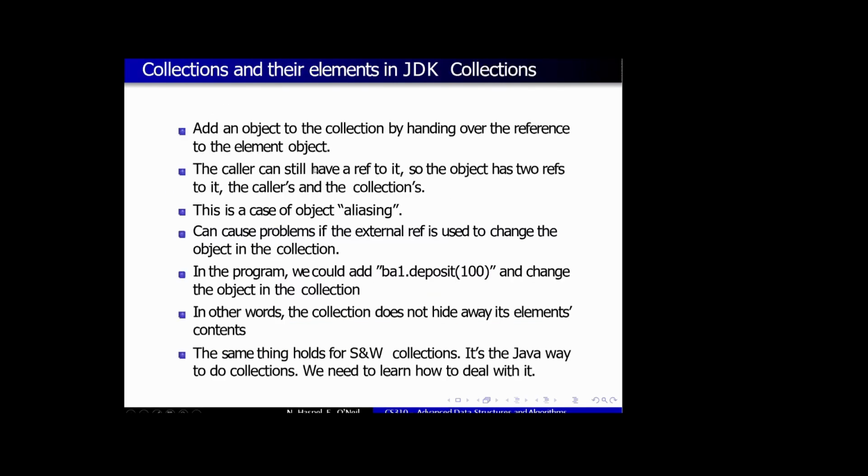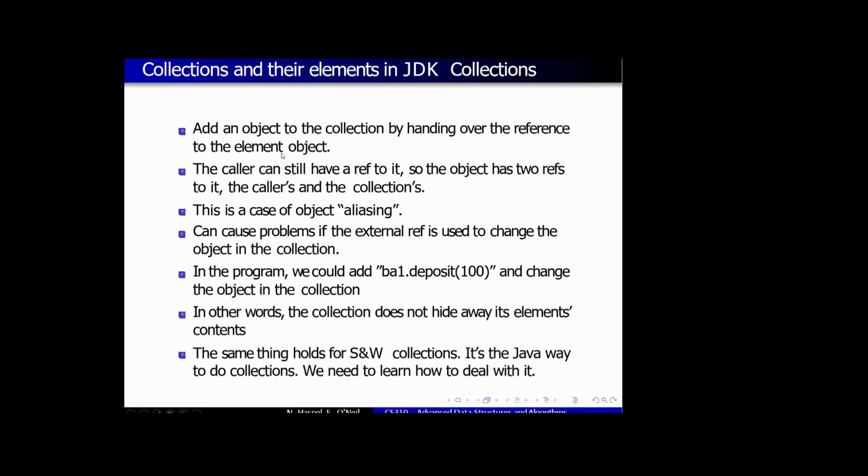Okay, so this is how it works. Not just in JDK either, I guess I should say. Elements in Java collections, I really should say, because this is also true of collections in the textbook or in anybody else's collections in Java. So we add an object to the collection by handing over the reference to the element object.